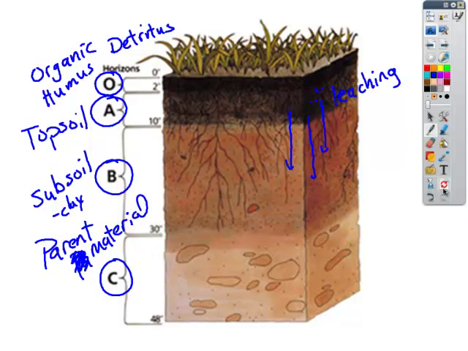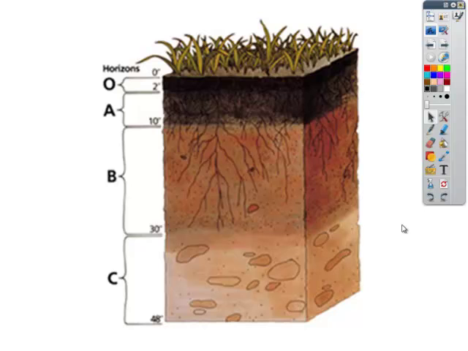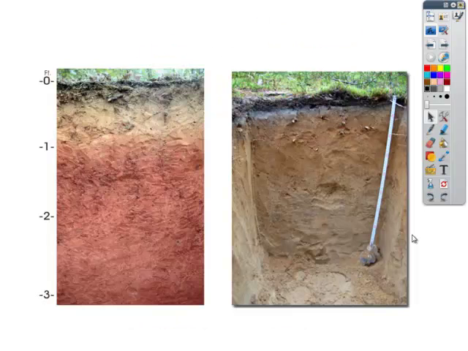All right. And again, moving right along, let's take a look at more details of soil. Here's two pictures of soil where you can actually distinguish some of the layers. Now, they both have different characteristics. This soil over here on the left is a very clay soil, and you can tell by the red color down in here.